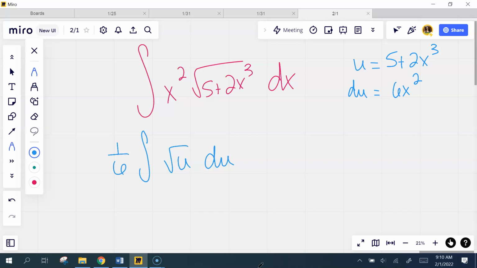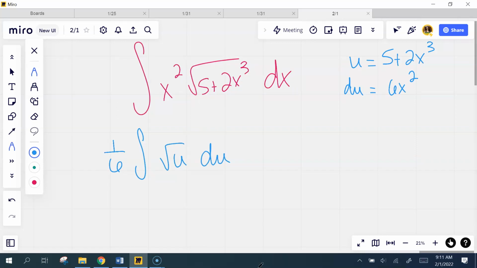Ask me again, Dylan. What's the derivative of 5 plus 2x cubed? 6x squared outside. Well, what is du? 1/6 times 6x squared, right? So all I did here was write the integral of the square root of 5 plus 2x cubed times 6x squared.